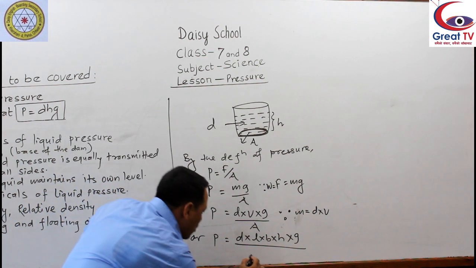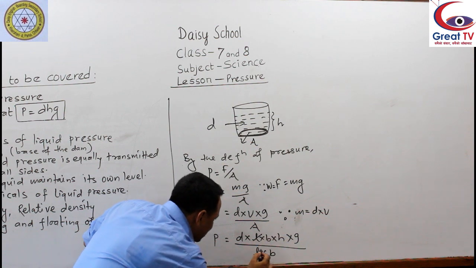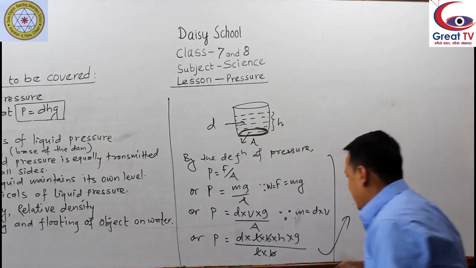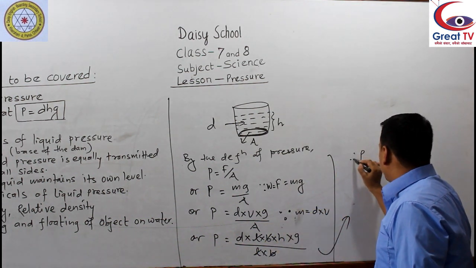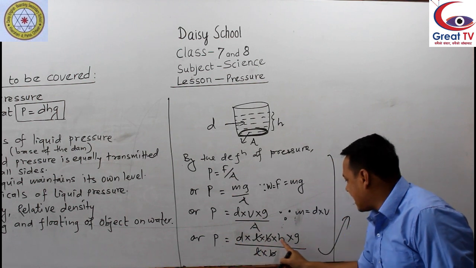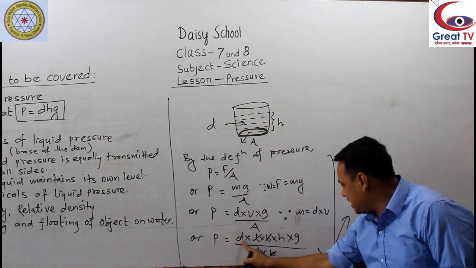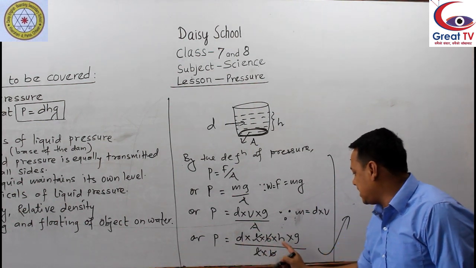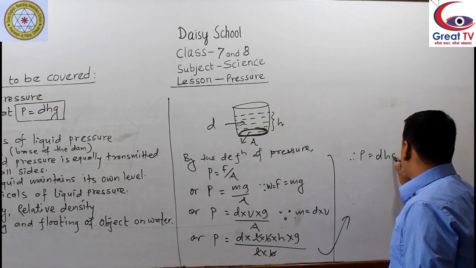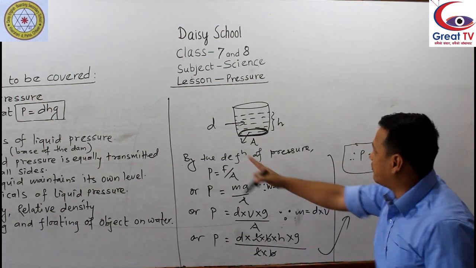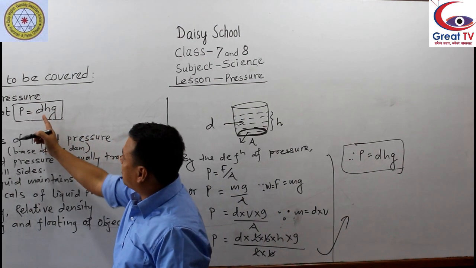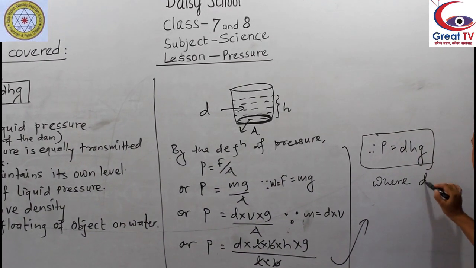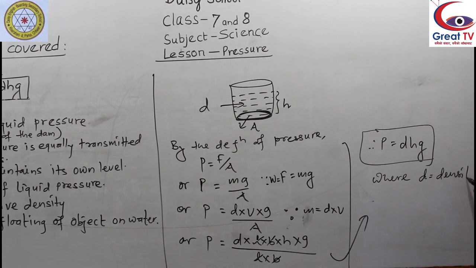So this l cancels, this b cancels, and the remaining terms are P equals d h g, which is our required relation. Where d means the density of the liquid.